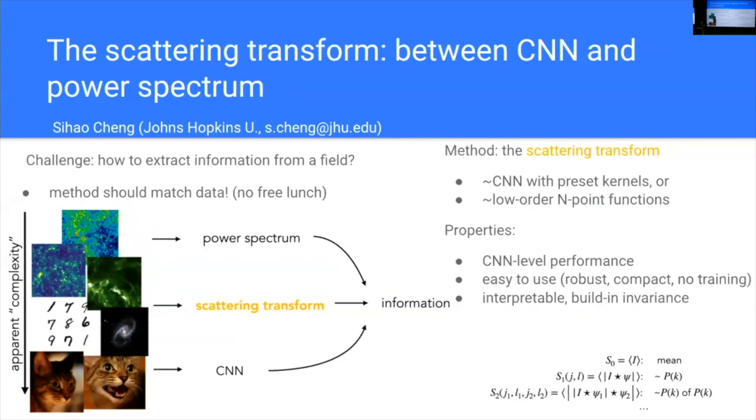So we don't need to learn new vocabularies from data. We just need to use some very generic vocabularies to describe the field. It's just that in the past, we didn't find the correct vocabulary to do that. So now people have a tendency that, in the past, we had the power spectrum basically alone.